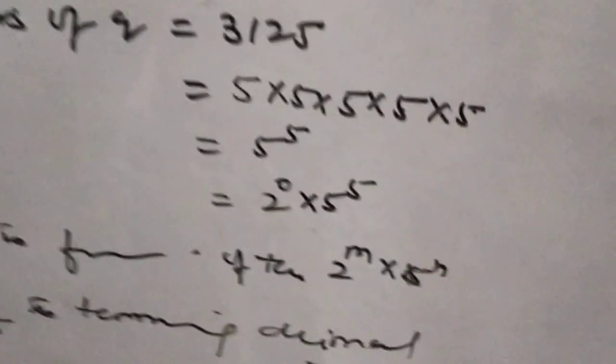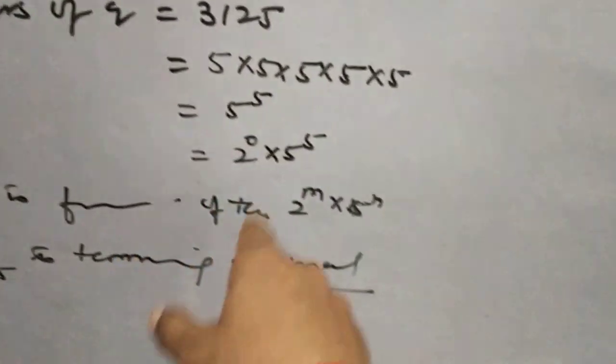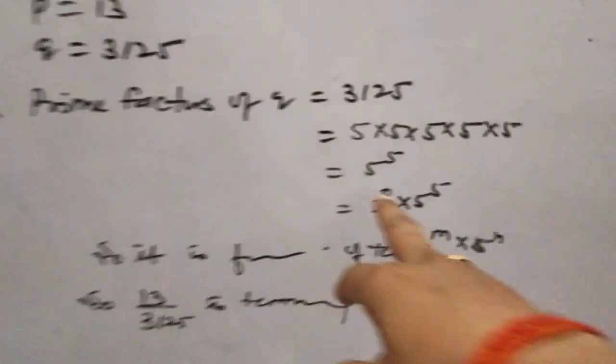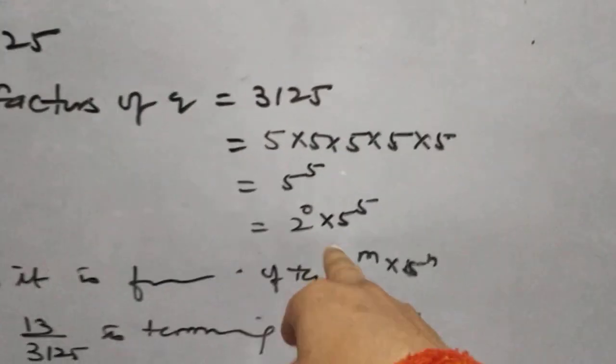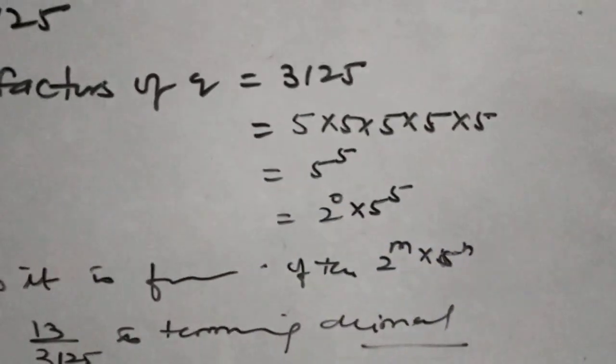Okay, if you find only the term of 5, then you can write 2 to power 0. Here I find 5 to power 5, so I write 2 to power 0, because any integer to power 0 has value 1.